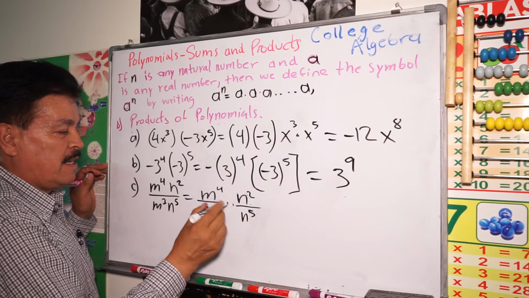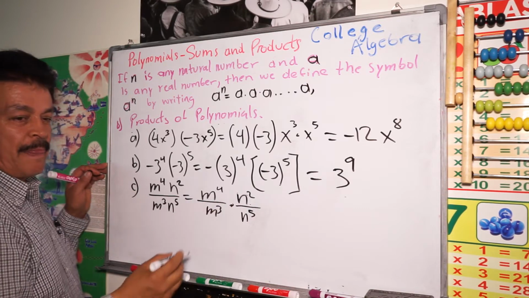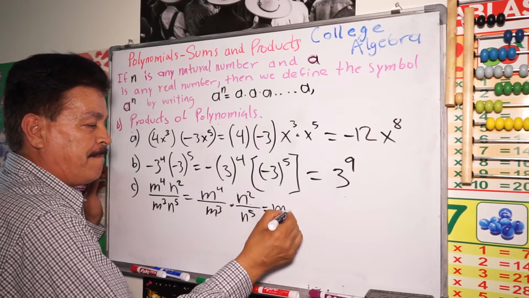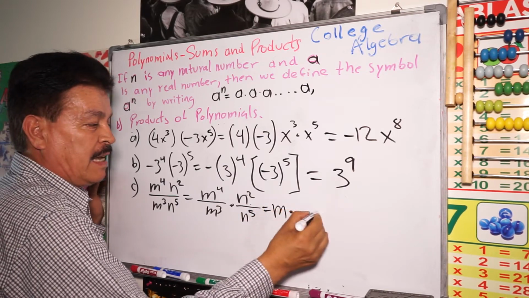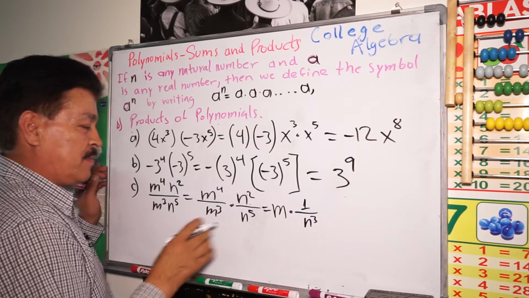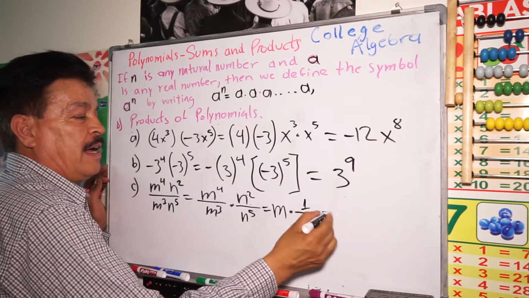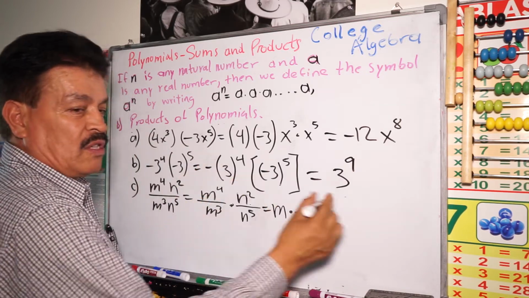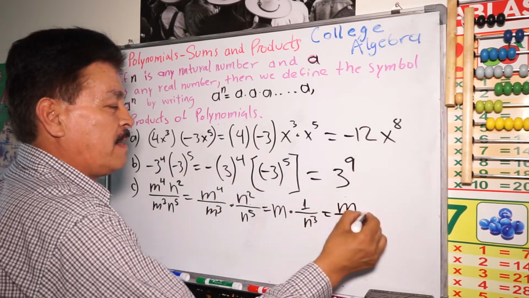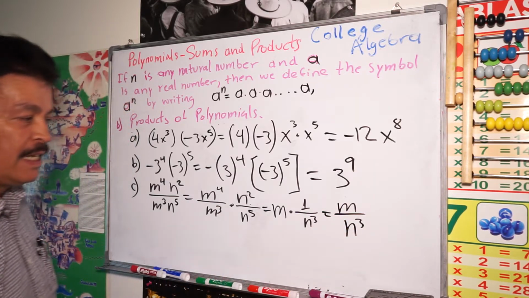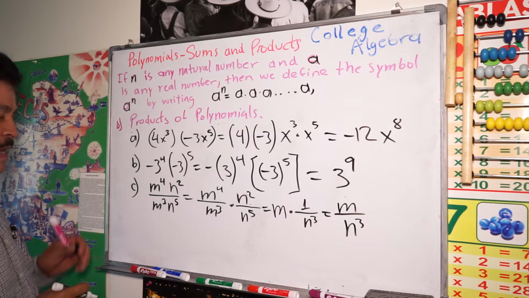This equals m times 1 over n to the third power. So review your notes, please. It's going to be m divided by n to the third power. That's the answer in that problem.